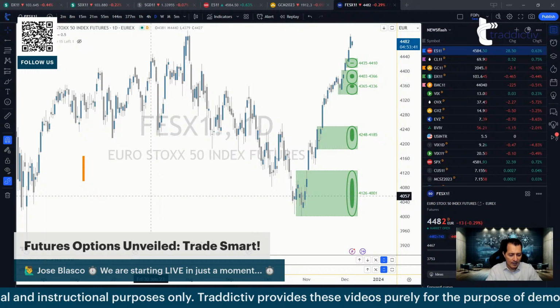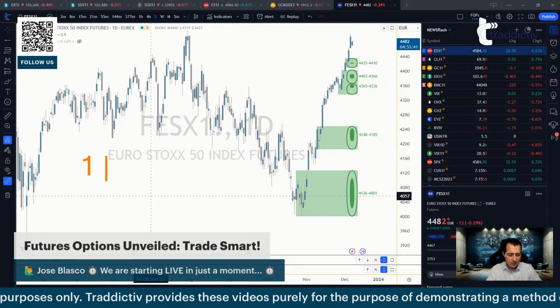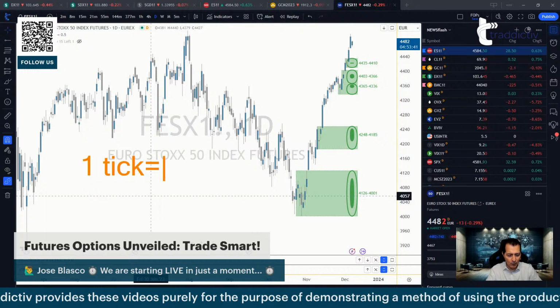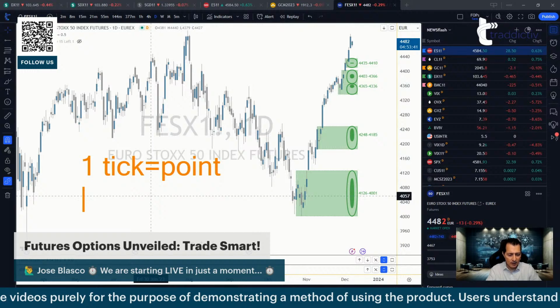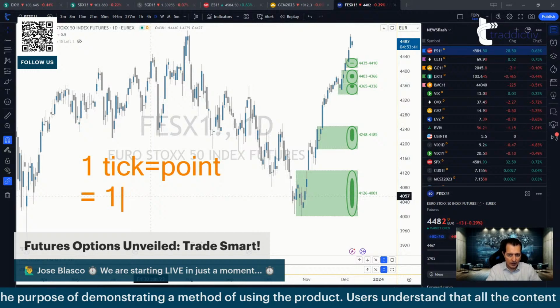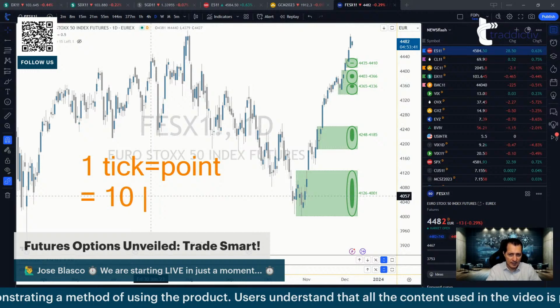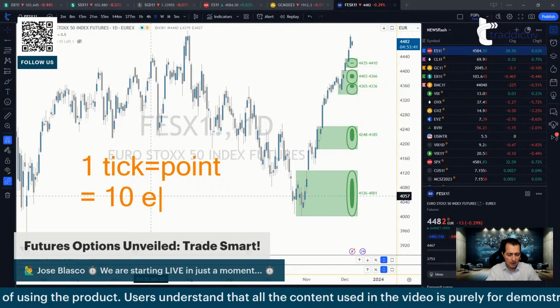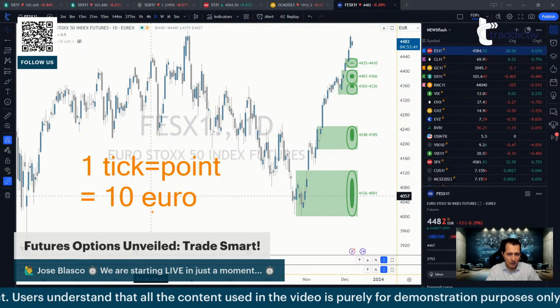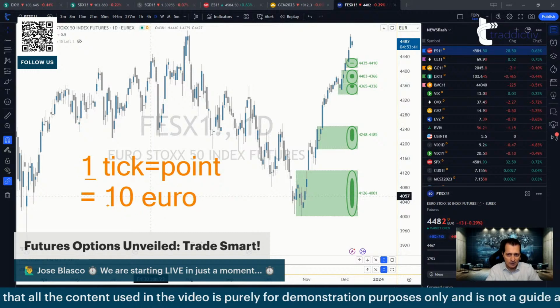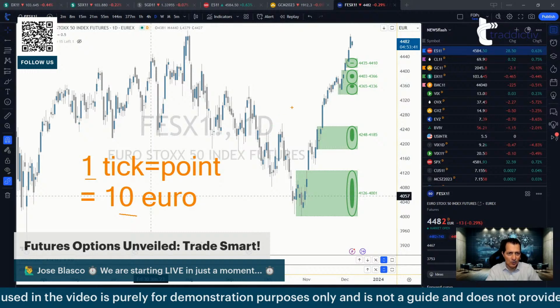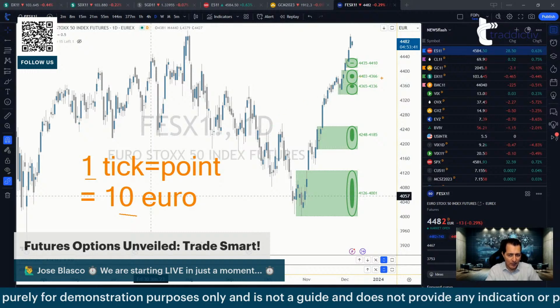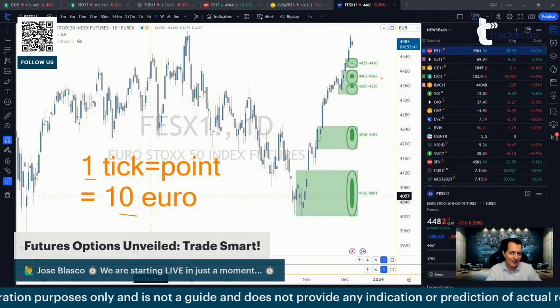So every one tick, which equals a point, that equals 10, in this case euro, okay, because it's a European contract. The point is 1 is 10. So if you got 10 points in your favor, you made 100 euro. That's it. You don't need to do the math.